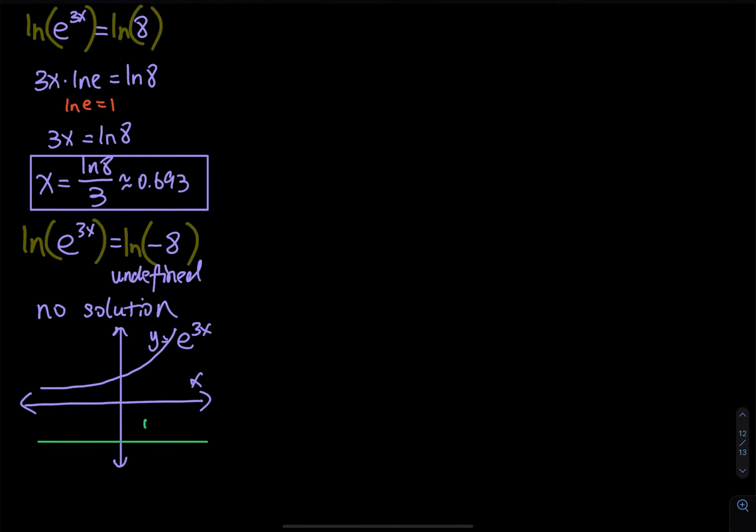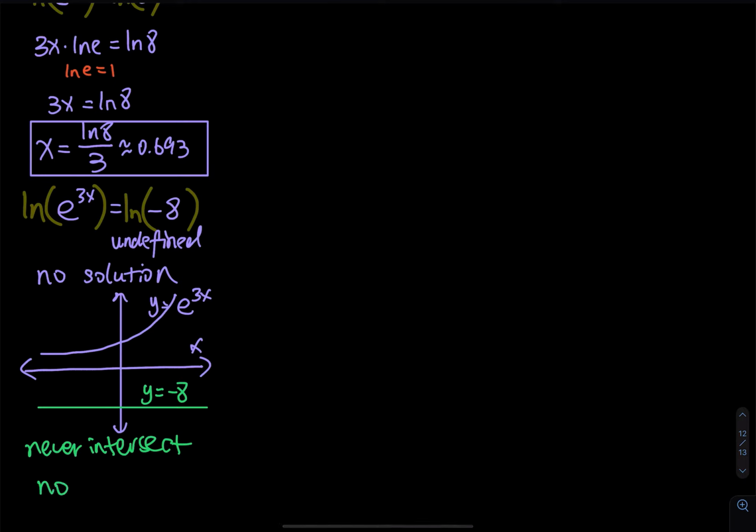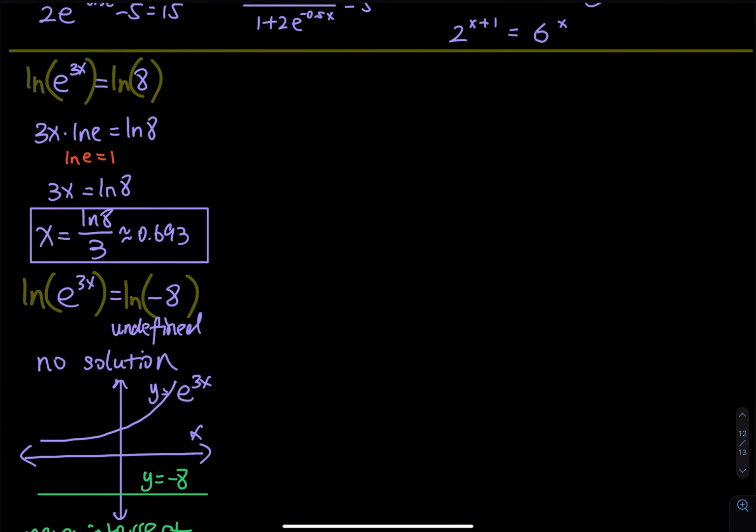Do they intersect at any points? The answer is no, they never intersect. That means there is no solution. The solution is where these two curves intersect. So the first two equations are solved.